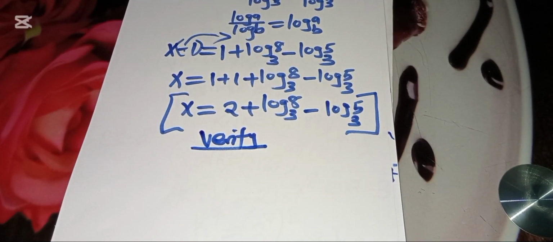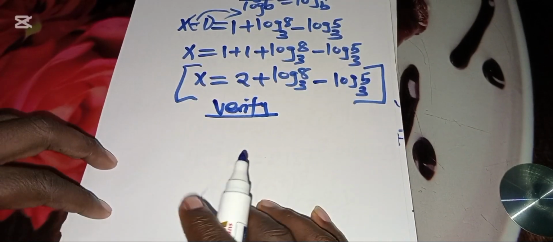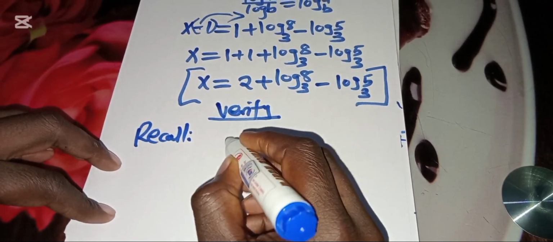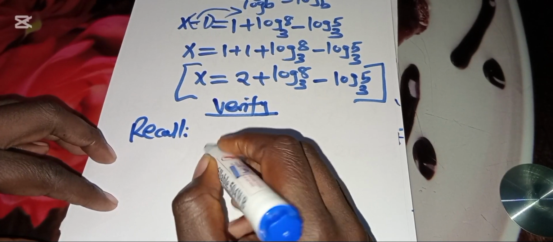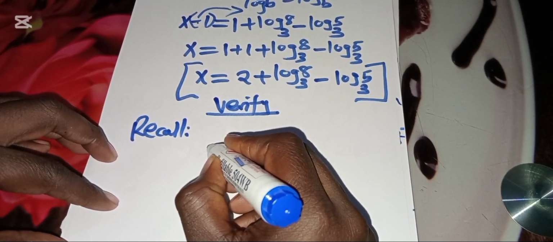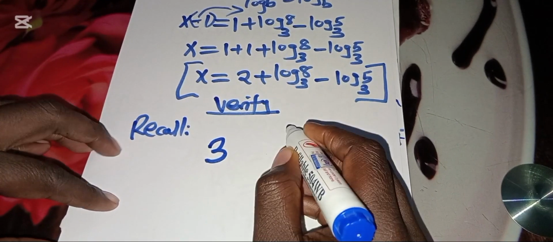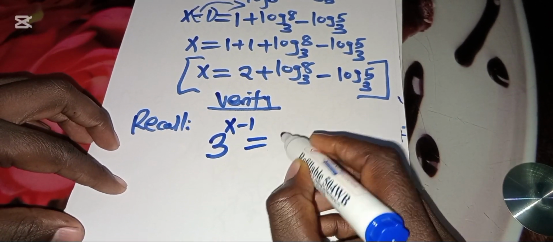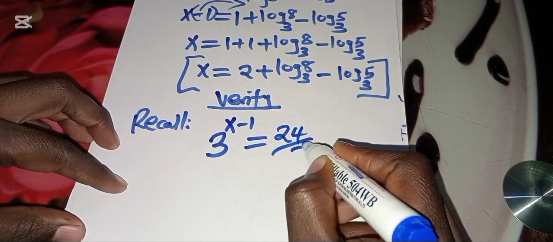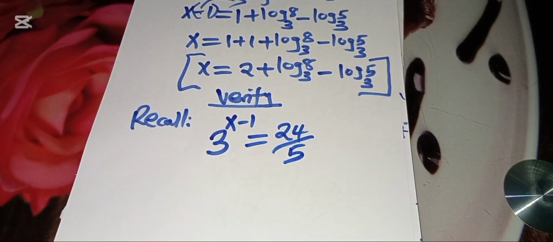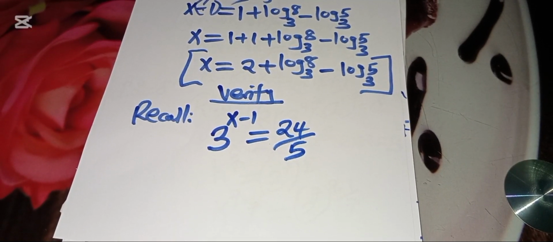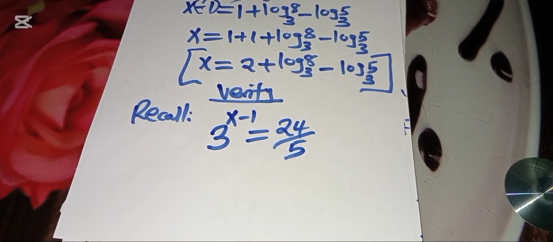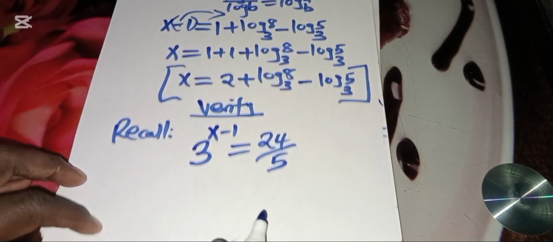Now, if you recall, we're supposed to have 3 raised to power x minus 1. This is supposed to give us a value of 24 divided by 5. So let's substitute the value of x.